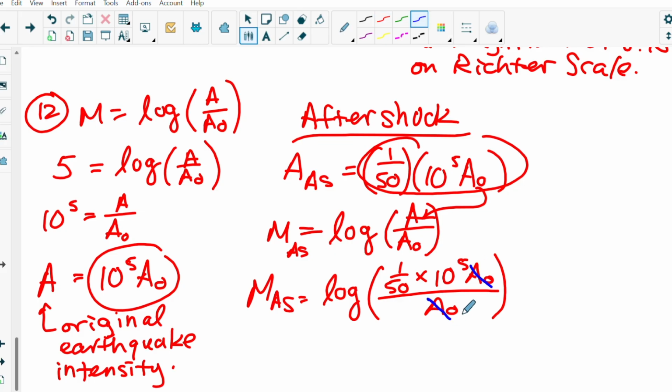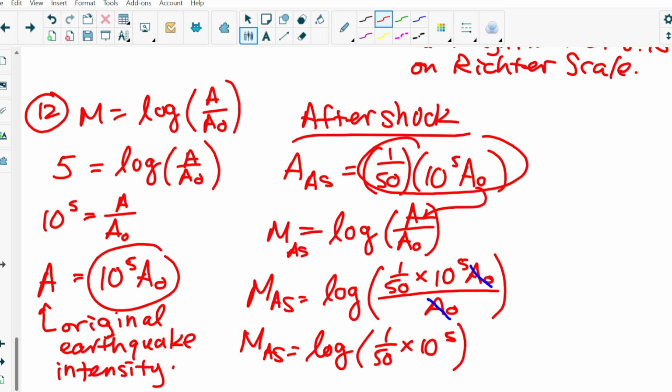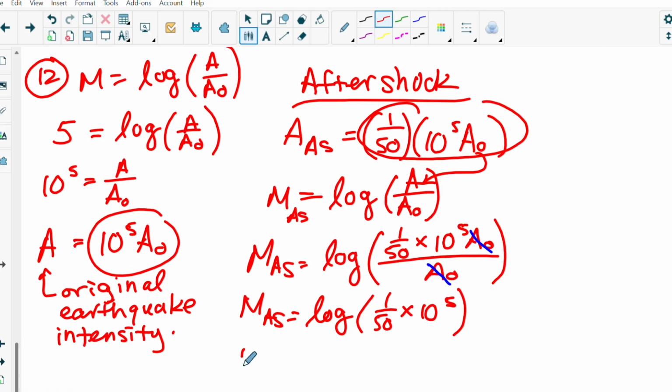Okay, the two A naught reference values divide out to 1. So magnitude of the aftershock equals log of 1/50th times 10 to the 5th. Okay, and then that is the magnitude of 3.3. So what does that mean in words?